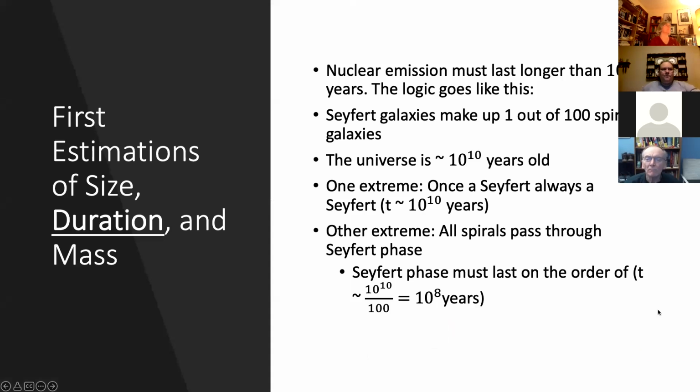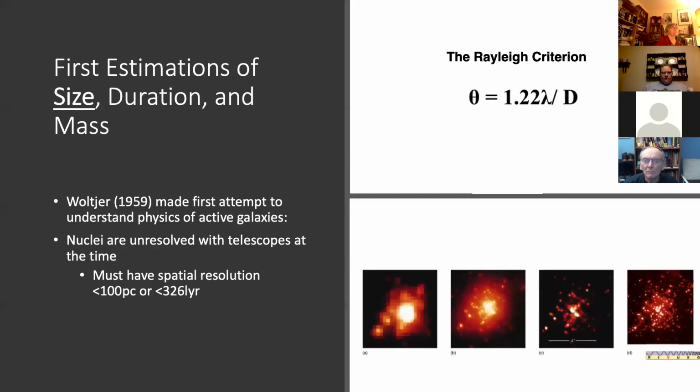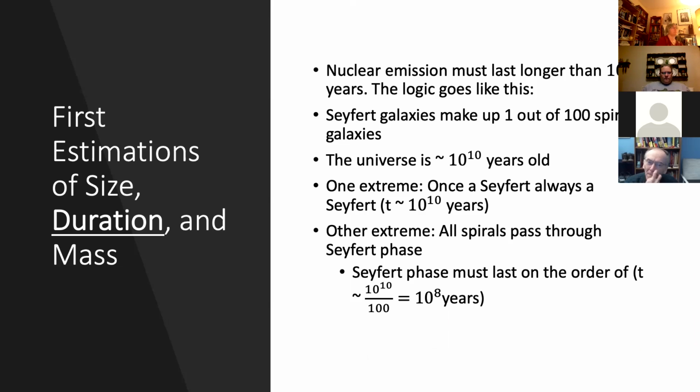Now let's estimate the duration, the lifetime of these AGN. Sort of like Carl Sagan would use logic to explain different things in the universe, this is what Voltaire did. The logic goes like this. Seyfert galaxies make up about 1 out of 100 spiral galaxies, about 1%.